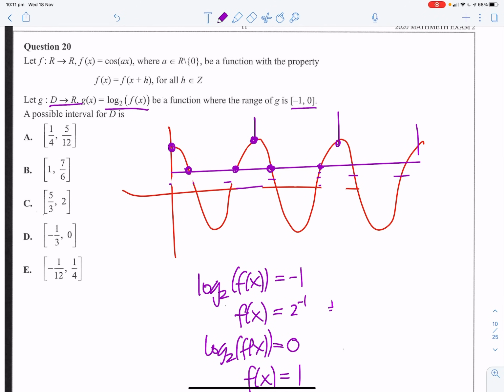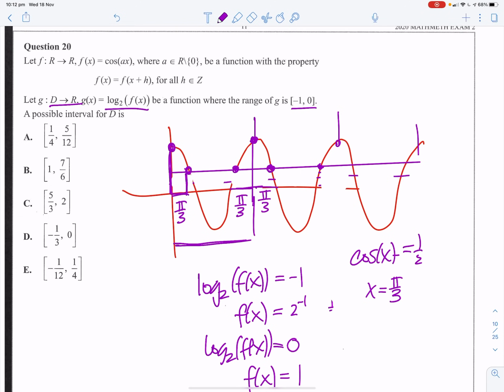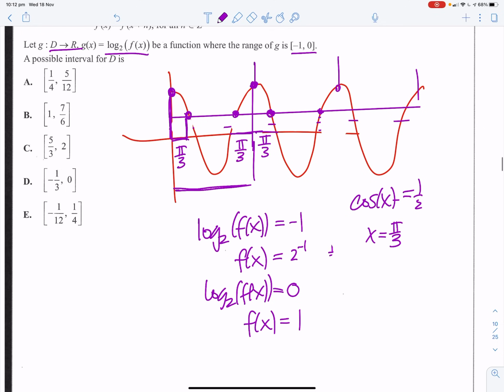Okay, so if you think about it, our cos graph here, if cos x equals a half, x equals pi on 3. So that distance is pi on 3, that distance is pi on 3, that distance is pi on 3, out of a full period of a graph, pi on 3 out of 2 pi.